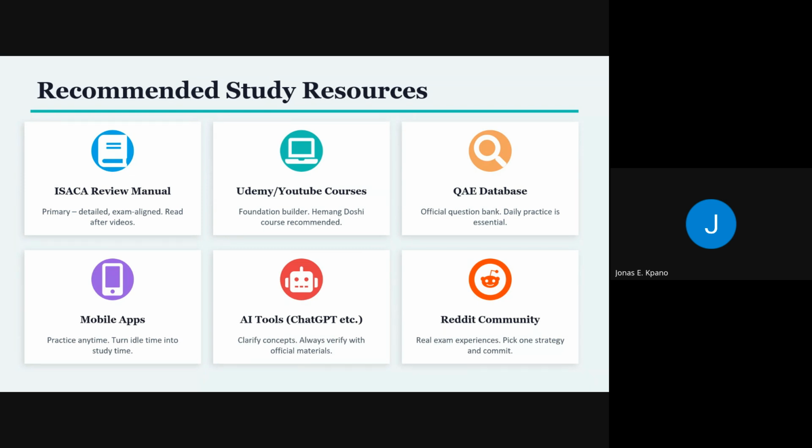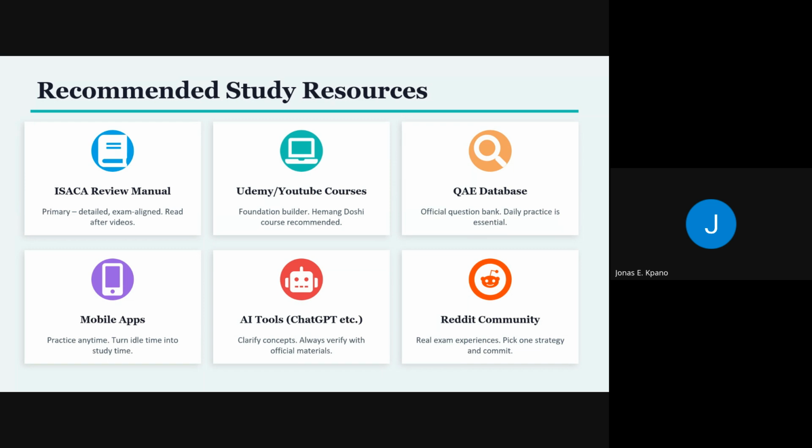Another resource that you can use is a mobile app. There are mobile apps out there that focus on CISA exams. You can search on your Play Store or App Store, just type CISA exams and see the applications that come out.